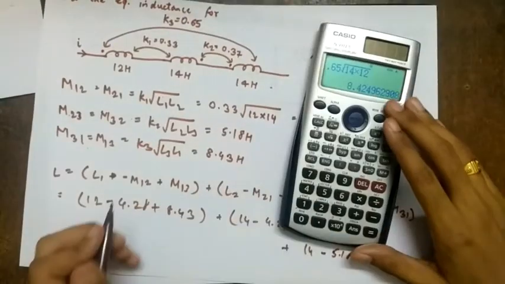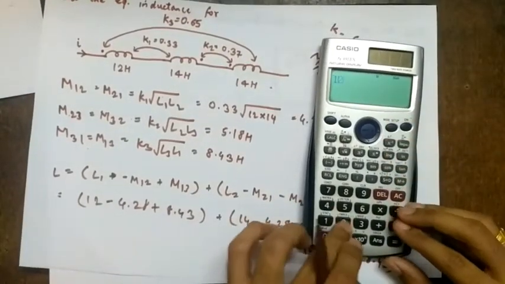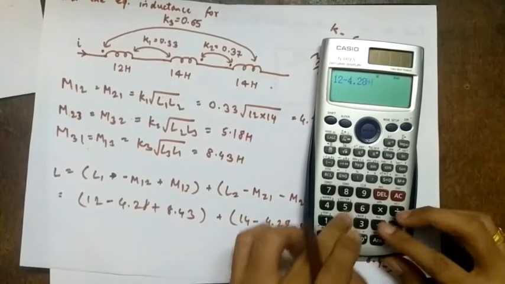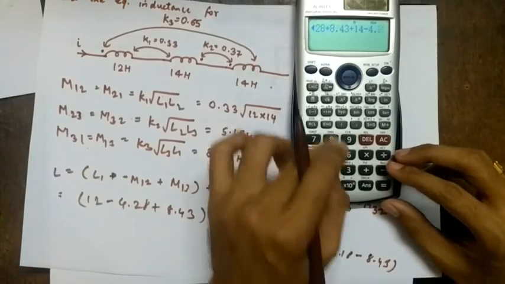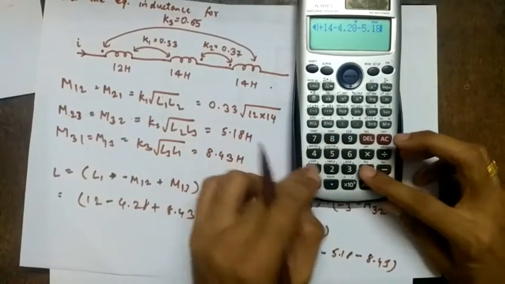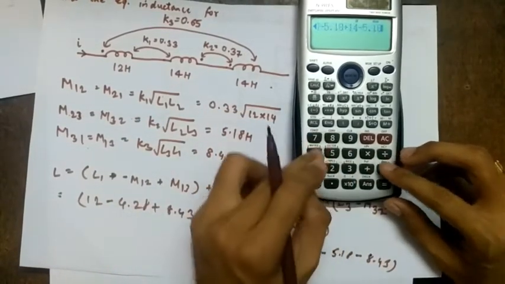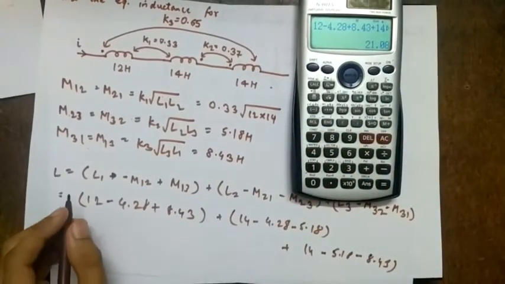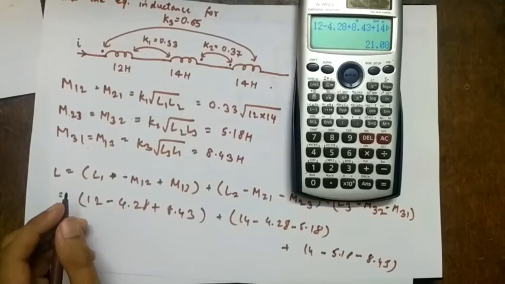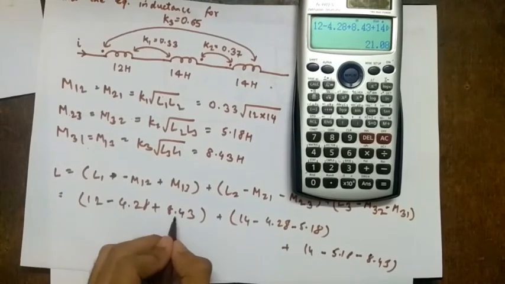So let's substitute in the calculator. 12 minus 4.28 plus 8.43 plus 14 minus 4.28 minus 5.18 plus 14 minus 5.18 minus 8.43. So 21.08. I think I have made some mistake.